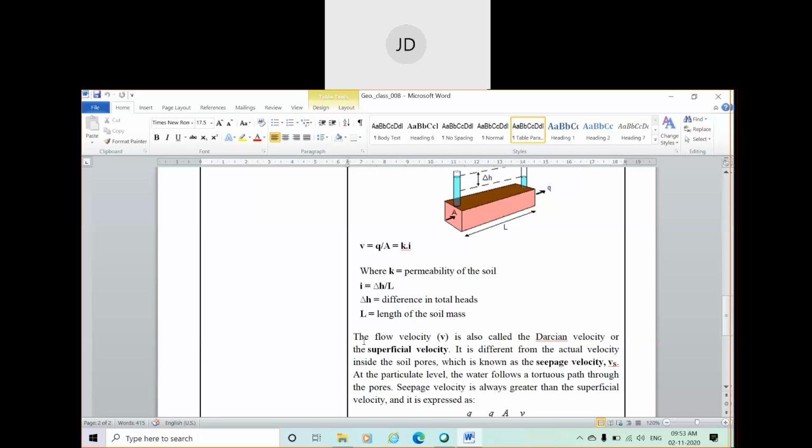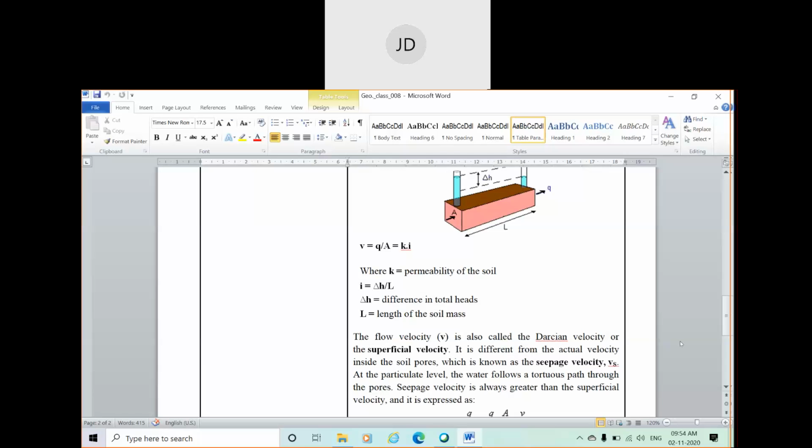Here, the flow velocity means the theoretical velocity. The flow velocity is also known as Darcian velocity, as given by Darcy's law. Darcian velocity or superficial velocity is different from the actual velocity inside the soil pores, which is known as the seepage velocity, denoted by small v_s, s for seepage.